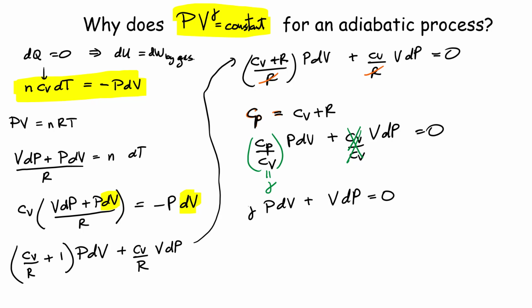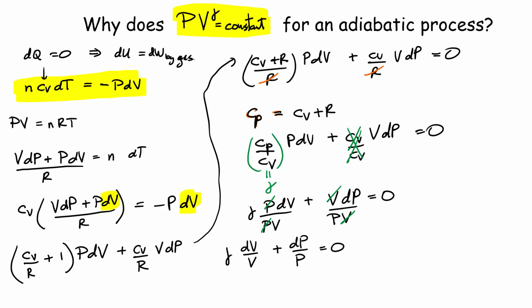We're not quite done. The last thing you can do here is divide through by pressure times volume. Divide both terms by pressure times volume. What that does for us is eliminate pressure in this term and volume in this term. One of the last expressions I have now is dV over V plus dP over P equals 0.